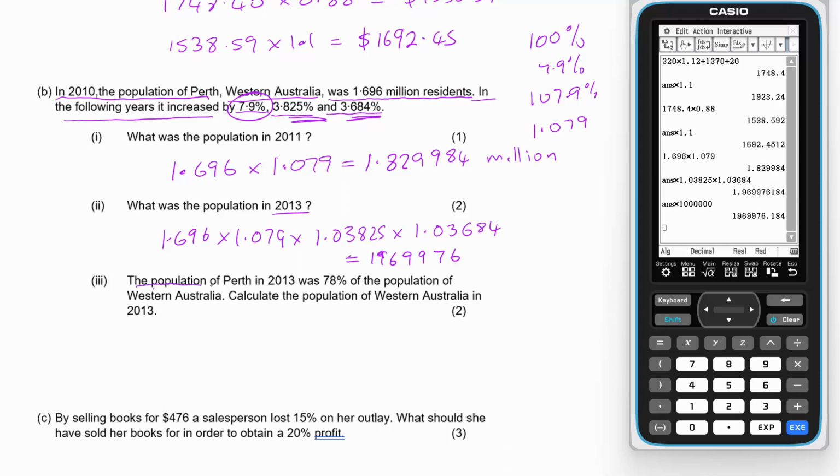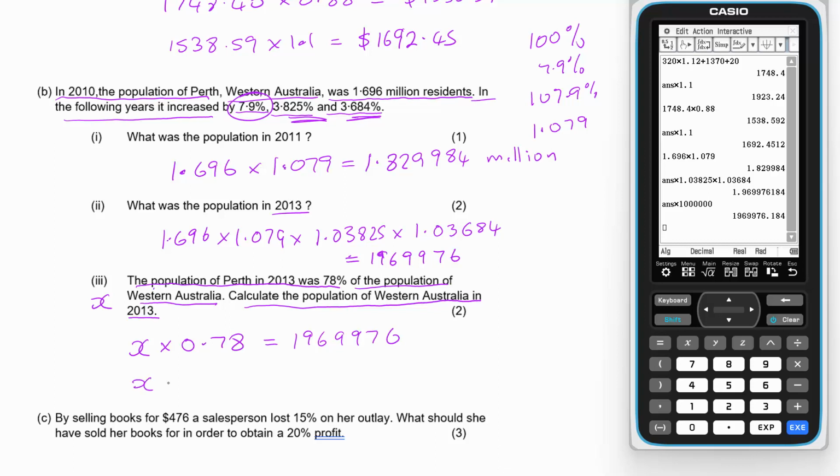The population of Perth in 2013 was 78% of the population of Western Australia, which we don't know. We could call that X. Calculate the population of Western Australia in 2013. So whatever the population of Western Australia is, 78% of that was 1,969,976.